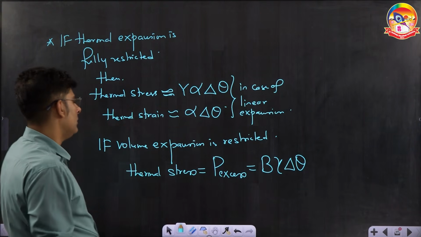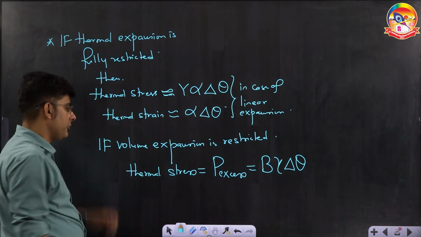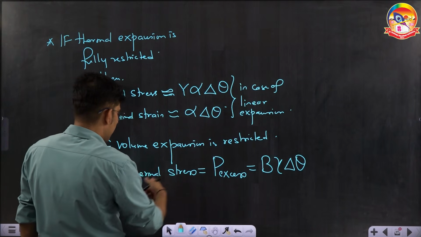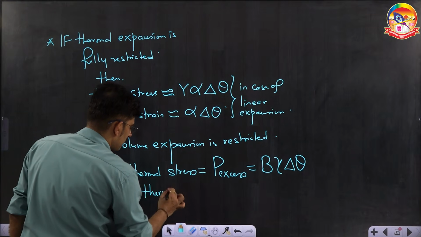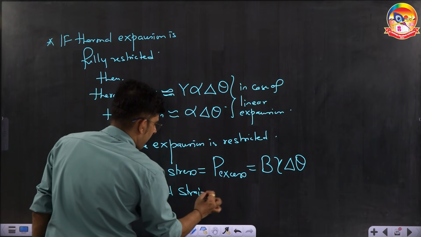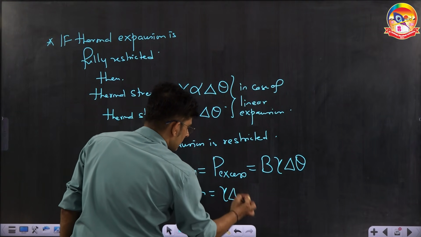Gamma we already know is the thermal expansion coefficient for volume change, and this will become thermal stress, and thermal strain will be gamma delta theta.